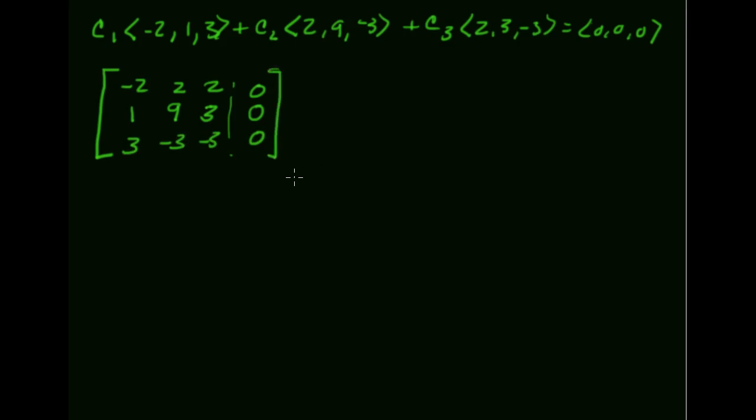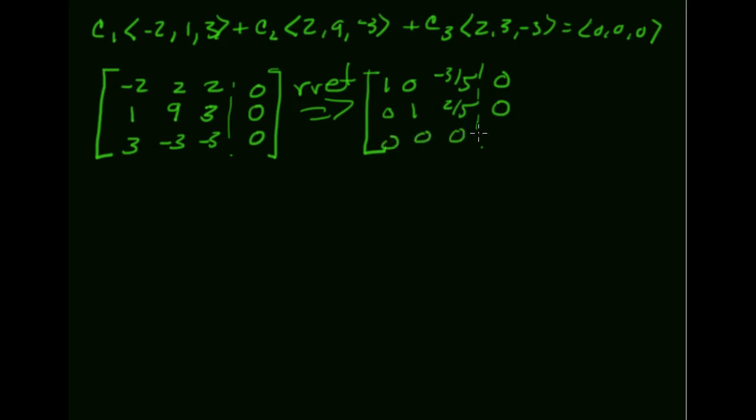So that's what I've got. If I do that and run RREF, I end up with 1, 0, negative 3/5, 0, 0, 1, 2/5, 0, 0, 0, 0, 0. All right, so what do I do?